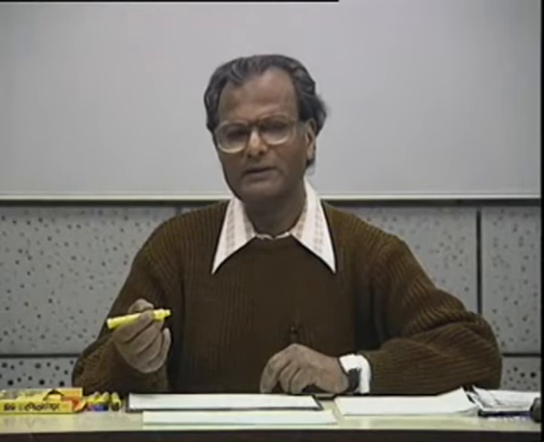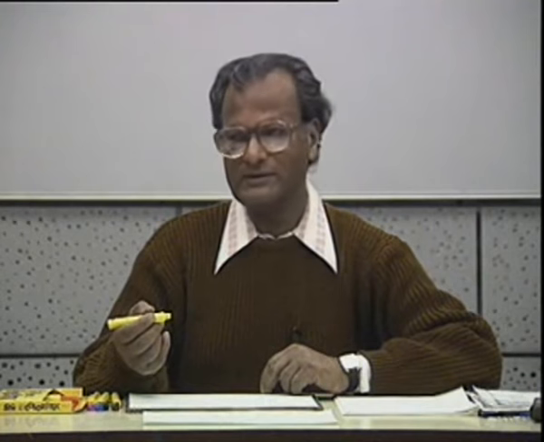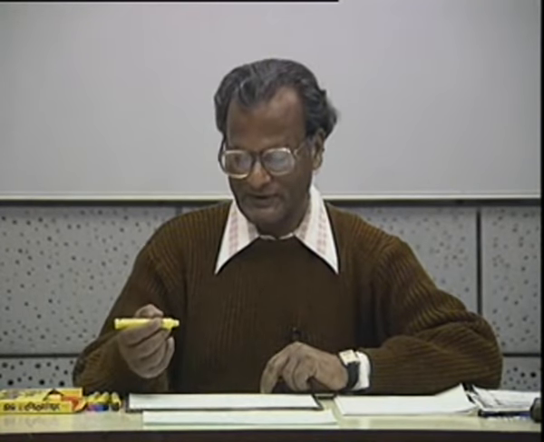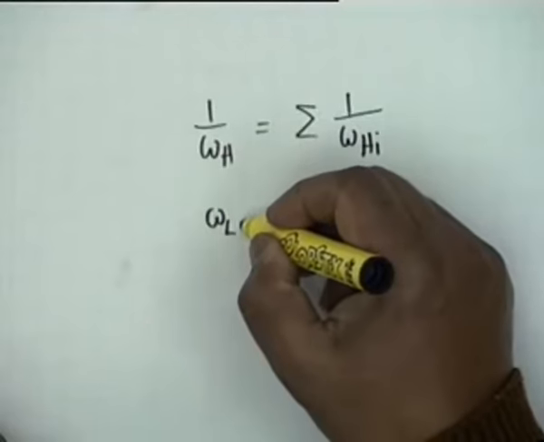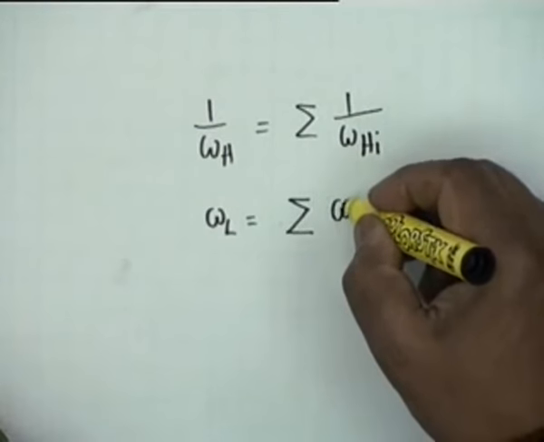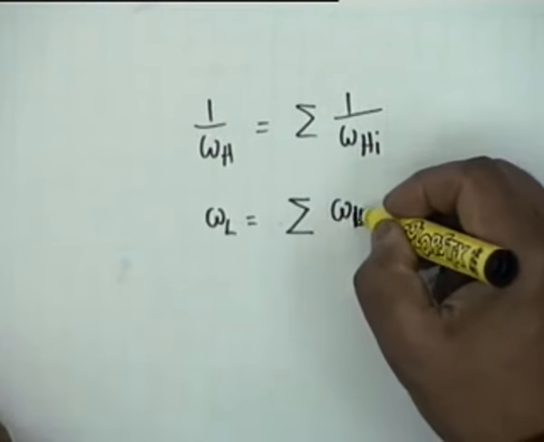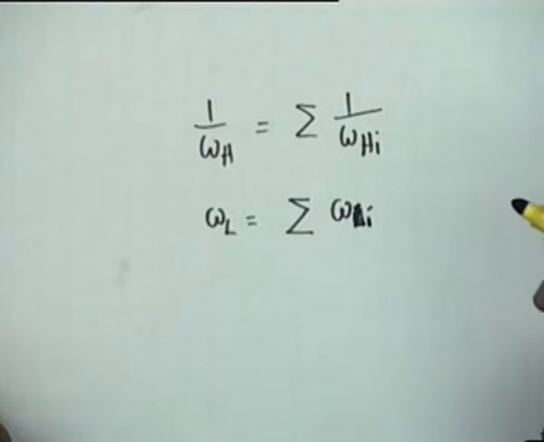It is the capacitance multiplied by the resistance seen by the capacitance in the Thevenin sense. This is for high frequency, and for the low frequency, the method of short circuit time constants, it is simply the summation of the individual omega li, individual cutoff frequencies.